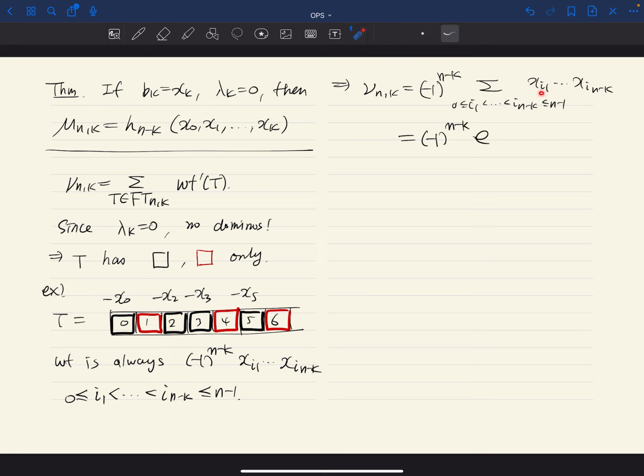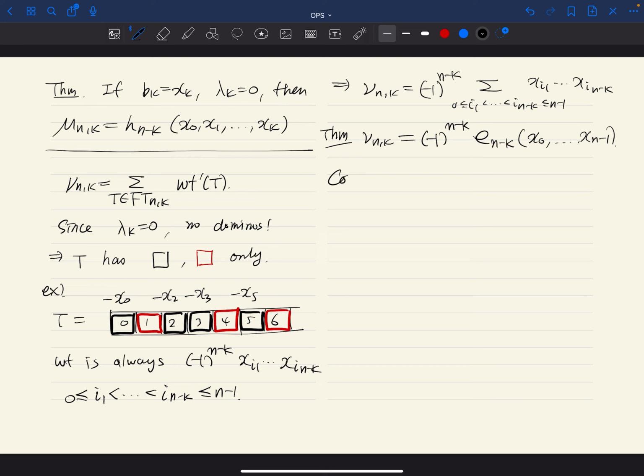The number of variables that we choose is n minus k, and the range for the variable indices is x0 up to x_{n-1}. So let me write this, nu nk. So we have this and this. Let's say this is a theorem. We just proved this theorem, okay?